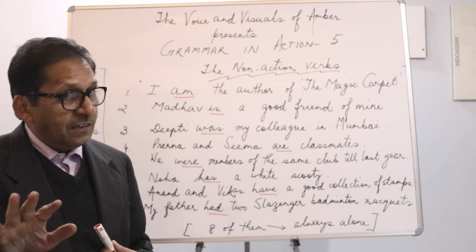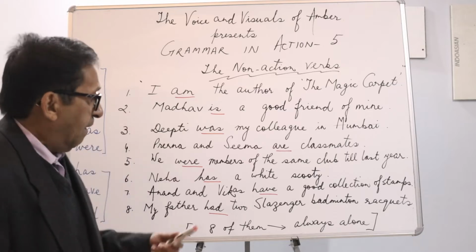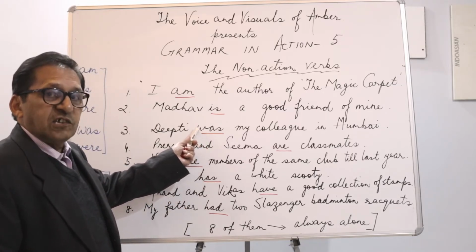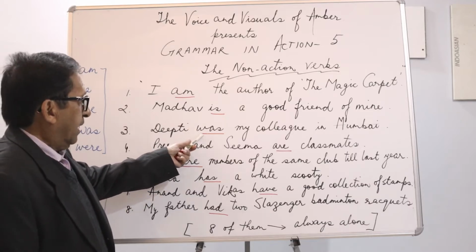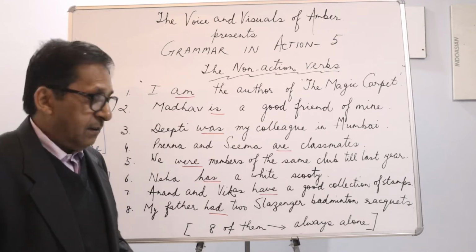So no action, just to be or a state of being, the being verb in the past. And this obviously goes with the singular subject over here. I am, I was, alright?